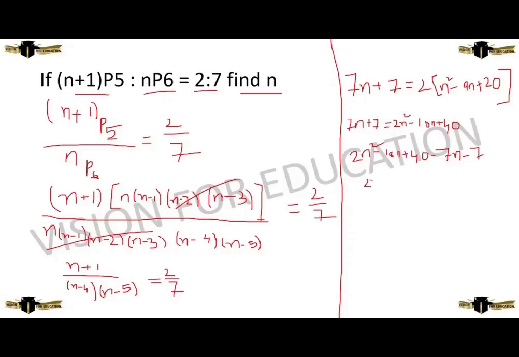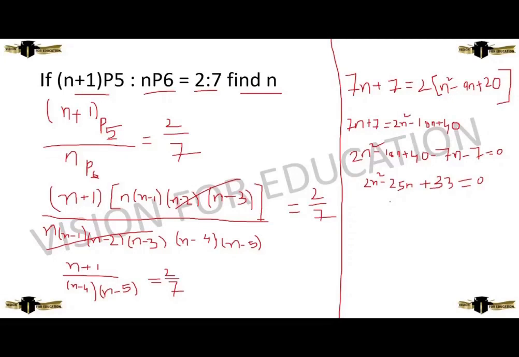We get 2n square minus 25n plus 33 equal to 0. We are equating this to 0.